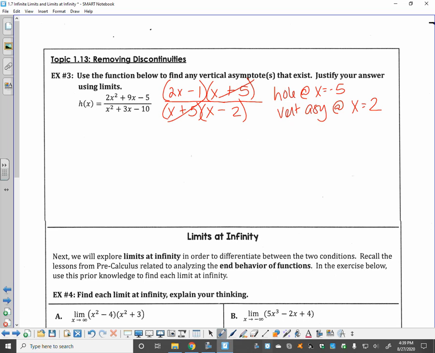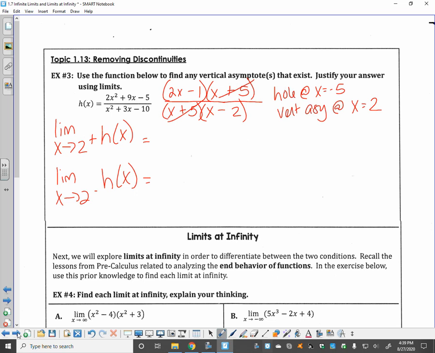So I know there's a vertical asymptote at 2. So I have to use a limit to justify that, to define that vertical asymptote. So I have to approach that 2 from the right and from the left. I'm just going to write h of x instead of rewriting that whole function.